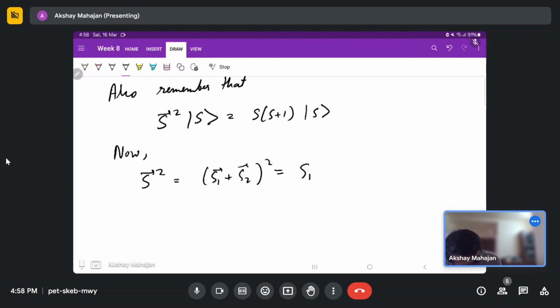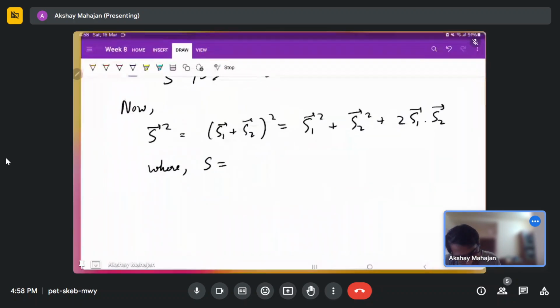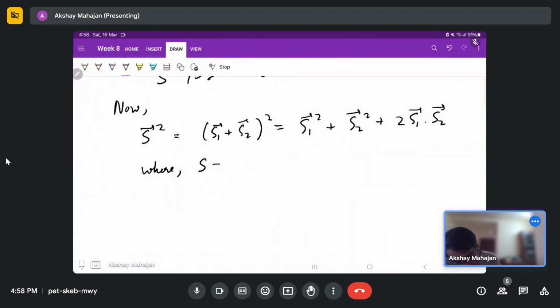This will give you s1 vector square plus s2 vector square plus 2 times s1 vector dot s2 vector. Here capital S is the total spin.